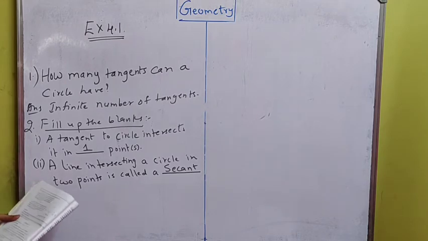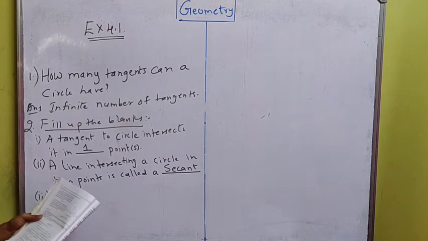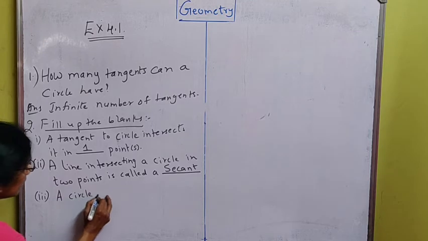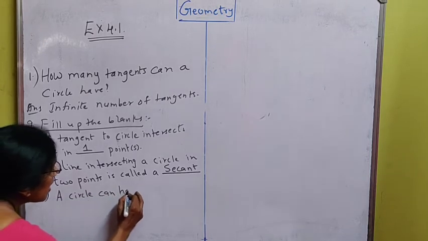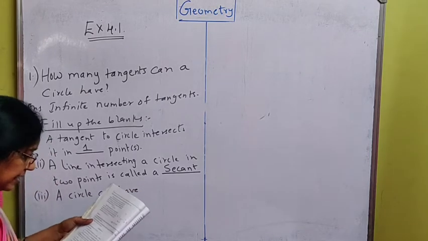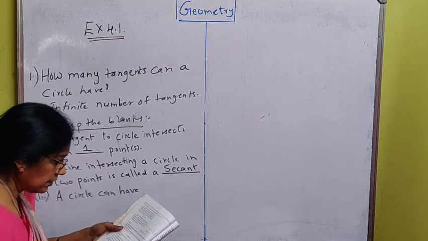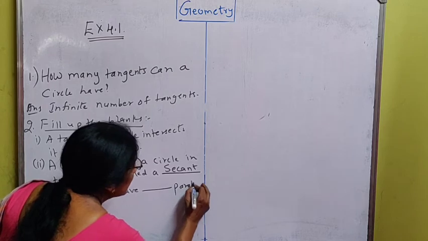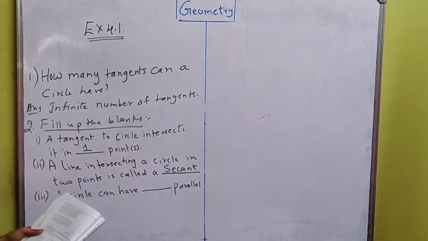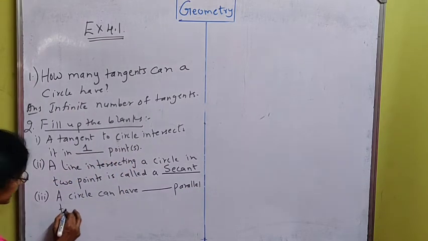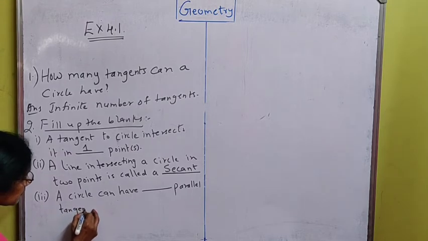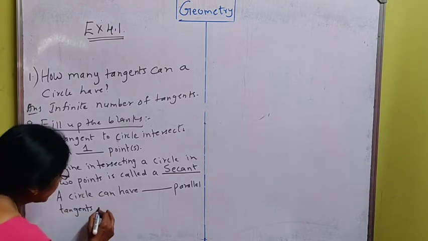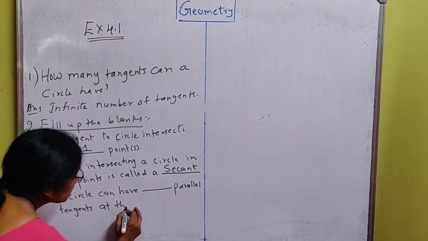Third question. What does the third question say? A circle can have dash parallel tangents at the most.